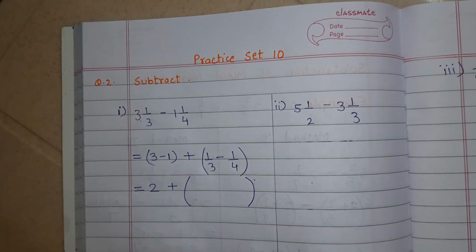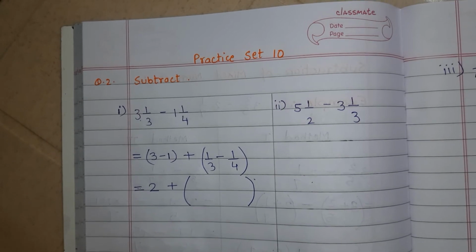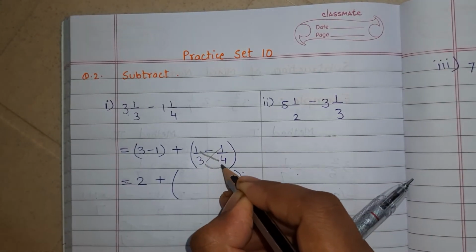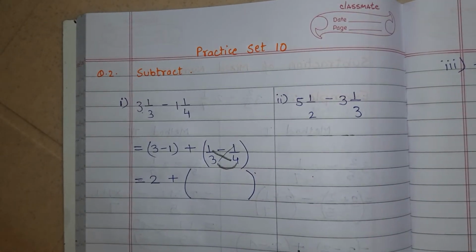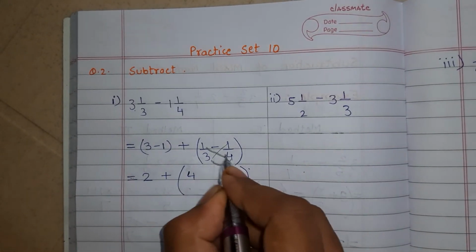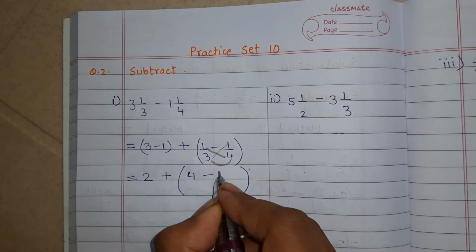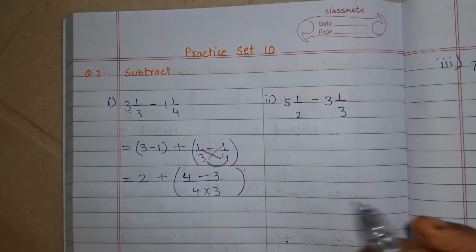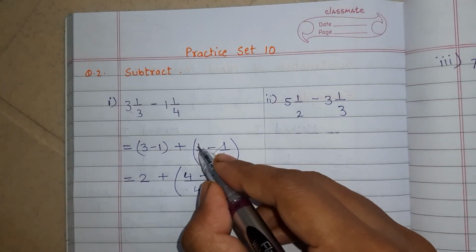For cross multiplication, first right to left, and then left to right, and then these two numbers with itself. So 4 ones are 4 minus 3 ones are 3 upon 4 into 3. Understood why we take right to left first?